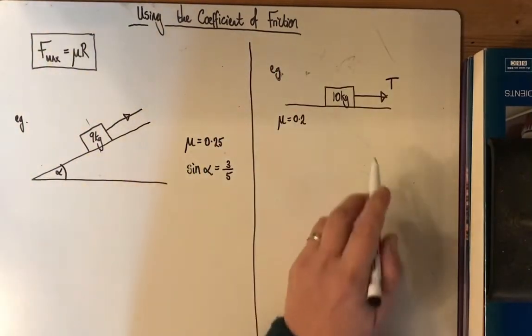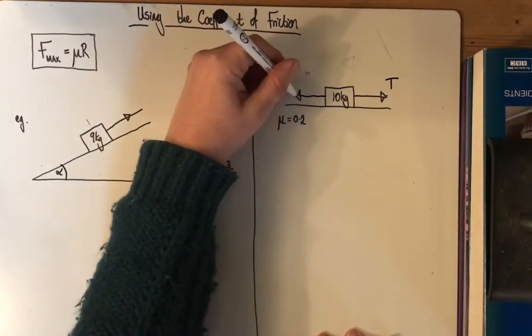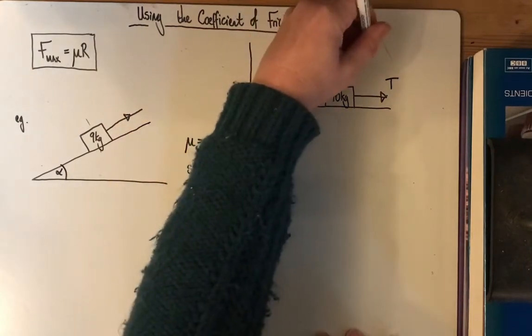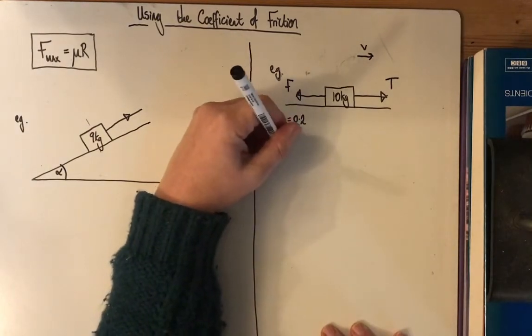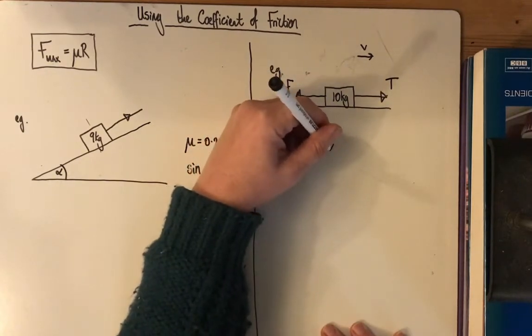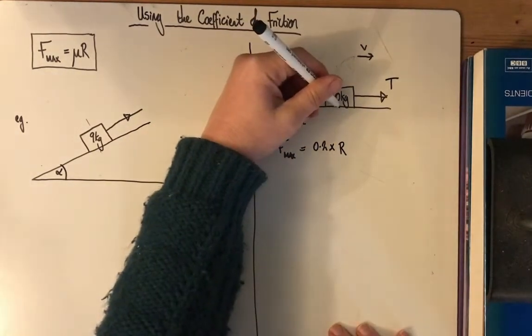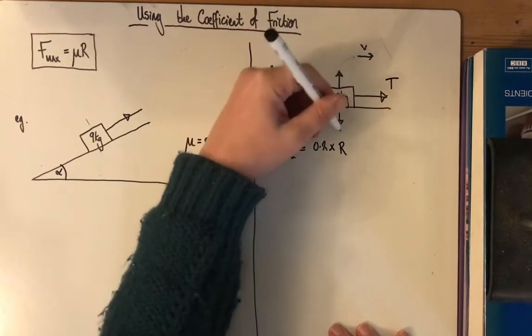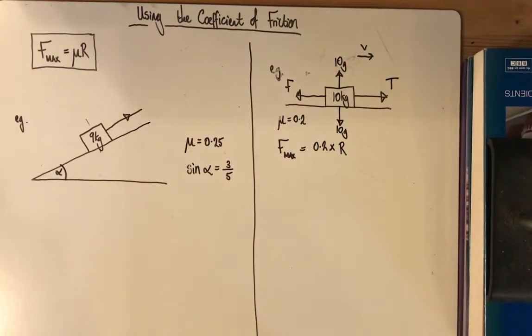The coefficient of friction between the particle and the surface is 0.2, and so we can work out the frictional force if it's moving along by doing F is equal to 0.2, the coefficient of friction, times the reaction force, and the reaction force will be equal to 10g because the forces are in equilibrium perpendicular to the plane.